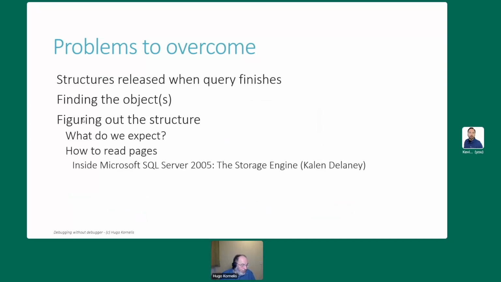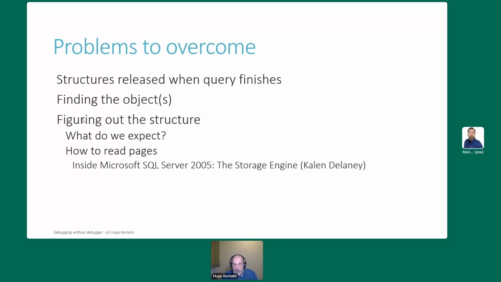Then I turned to my trusted copy, and normally I would now hold up the book, but I mislaid it. I don't know where. You see me already looking. Normally it is here to my left. It's not there now. I don't know where I left it. I use that book so often. And yes, it's about SQL Server 2005, but so many things in the internals have not changed.